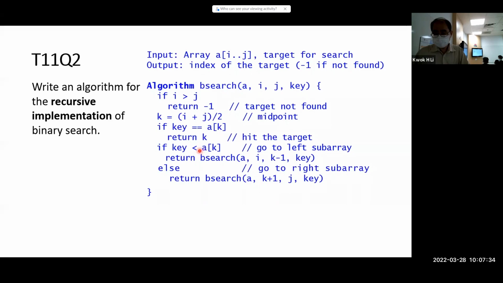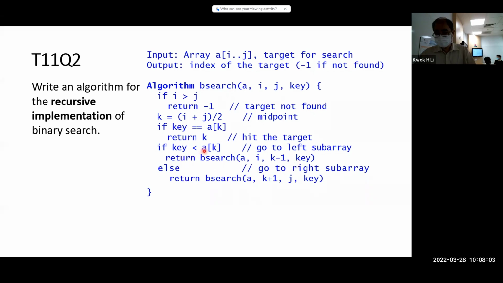Okay. If we cannot find it, we have to decide whether we go to the left-hand side or the right-hand side. If the key is smaller than the midpoint value, we go to the left-hand side. For the left-hand side, we start from I, but the ending point will be K minus 1, half of the elements. Then the key will be the same as before.